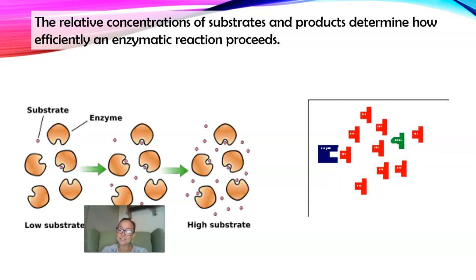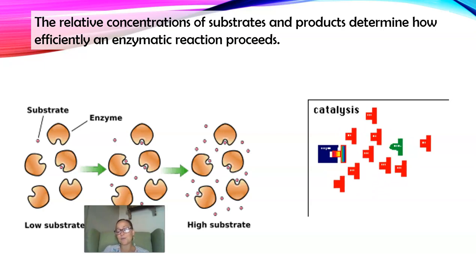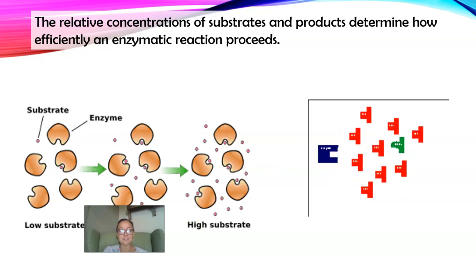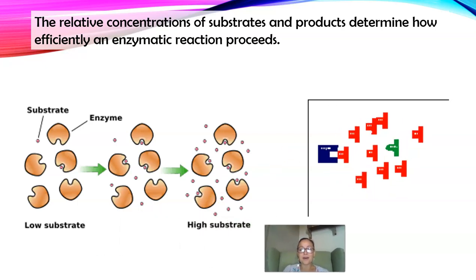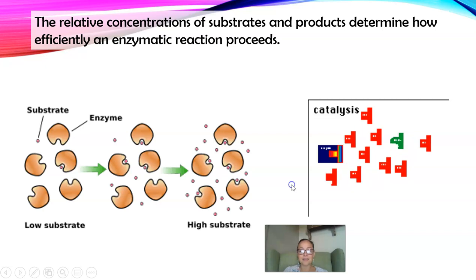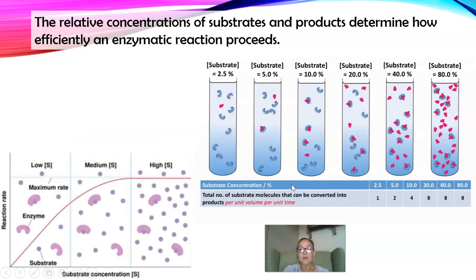Relative concentrations of substrates and products determine how efficiently an enzyme reaction proceeds. I really like this next slide, where if we look at these different test tubes, you see a constant amount of enzyme.